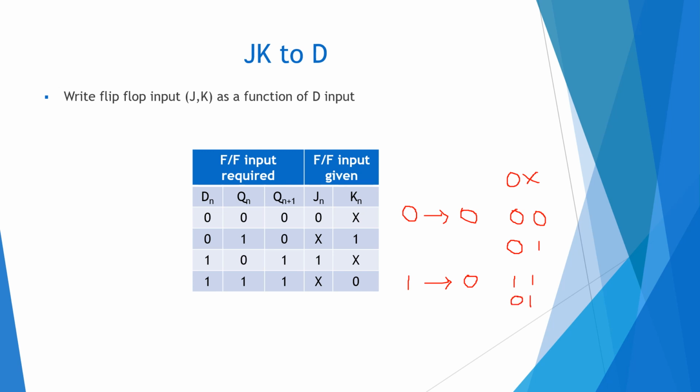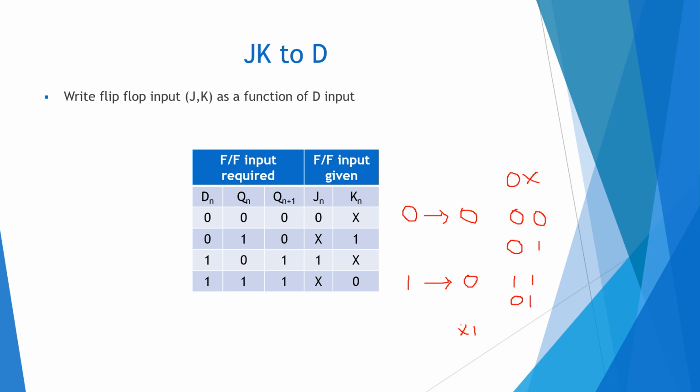So there are two conditions here, either J and K equal to 1 1, or otherwise JK equal to 0 1. So here we can write it as x1, that is written here, x1.